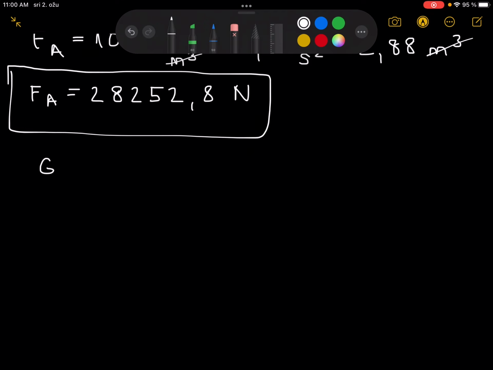Let's go ahead and find our other force, the weight of the raft. The weight of the raft is equal to the mass of the raft times G, and the mass of the raft is equal to the density of the raft material, which is wood, so rho of wood, times the volume of the raft.